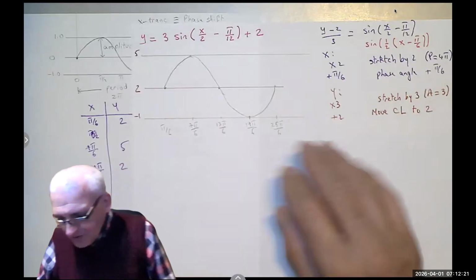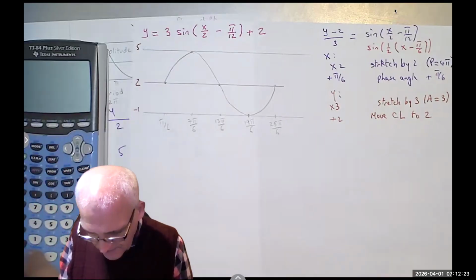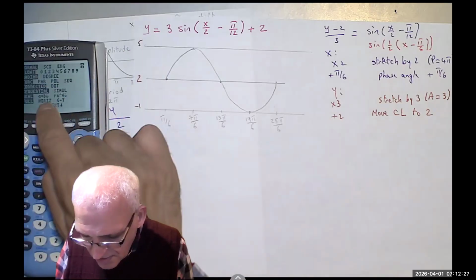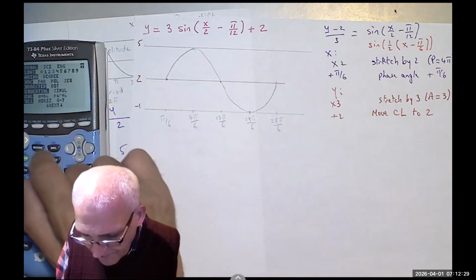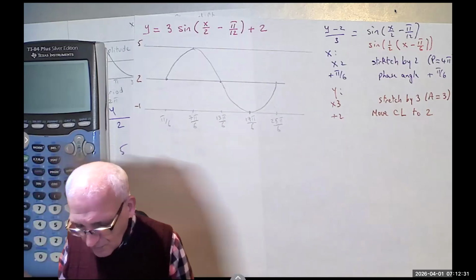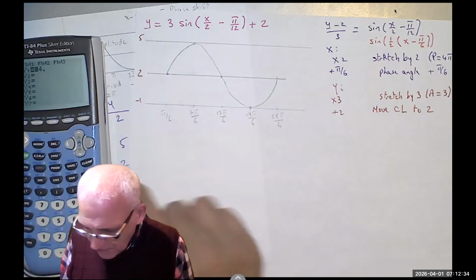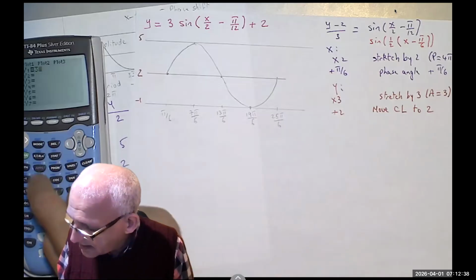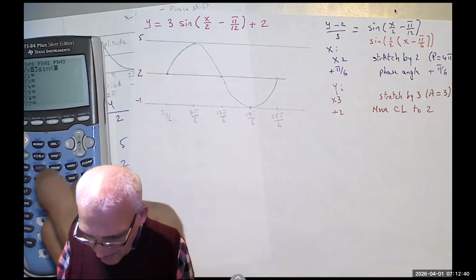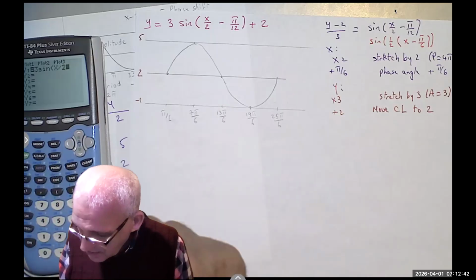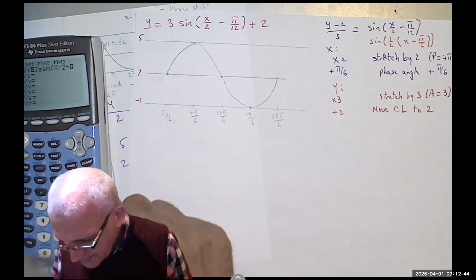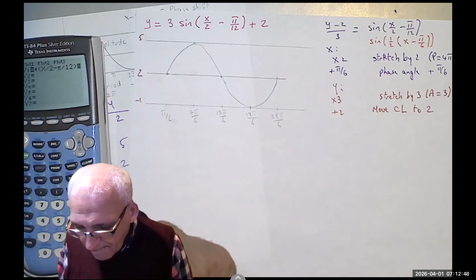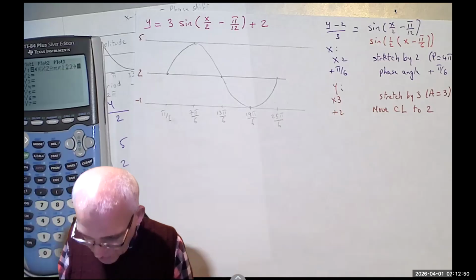Also, we can use the calculator. Just I want to make sure we are in radians and function. Okay. So let's go to y and say y equals 3 sine x over 2 minus pi over 12 plus 2.